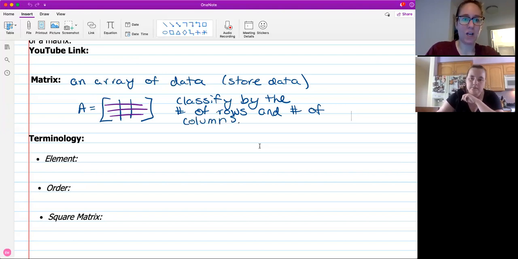Just remember, guys, rows go side to side, columns go up and down. Everybody gets these two mixed up. It's fine. I remember it because columns are tall. So when I think of which one is which, columns to me are tall, so they're the ones that go vertically.